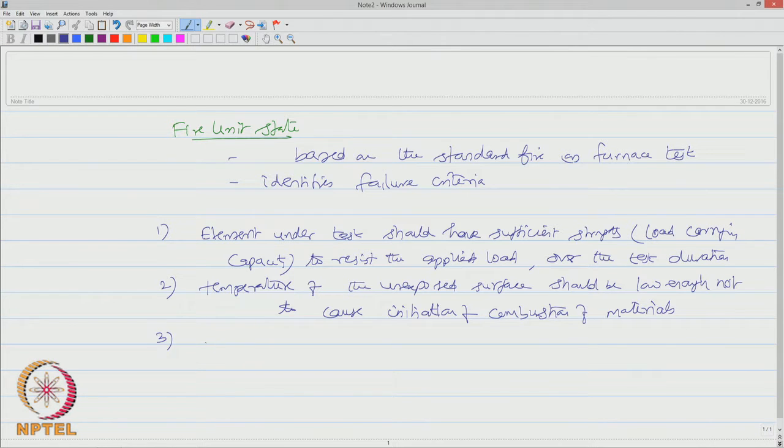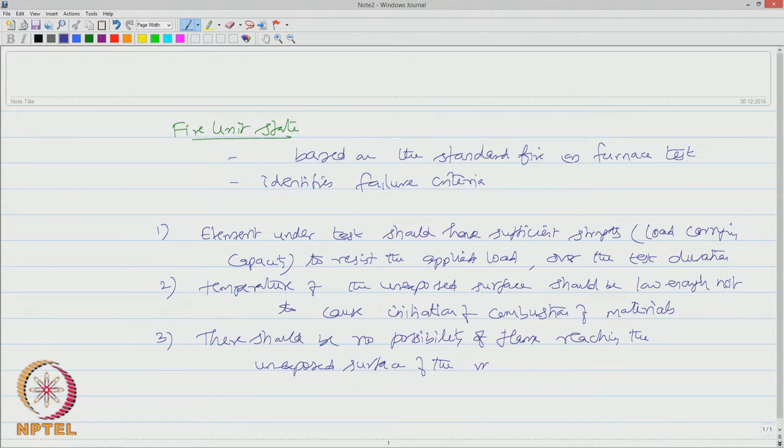Thirdly, there should be no possibility of flame reaching the unexposed surface of the member through any weakness.